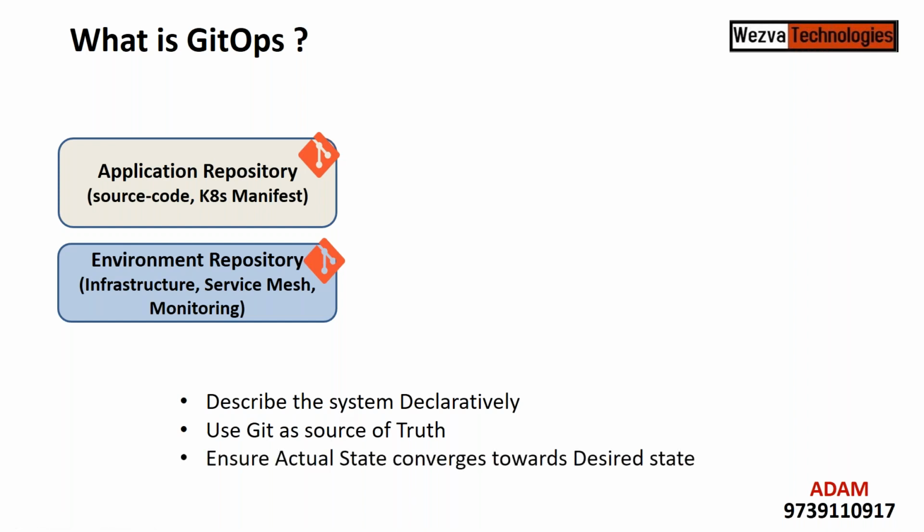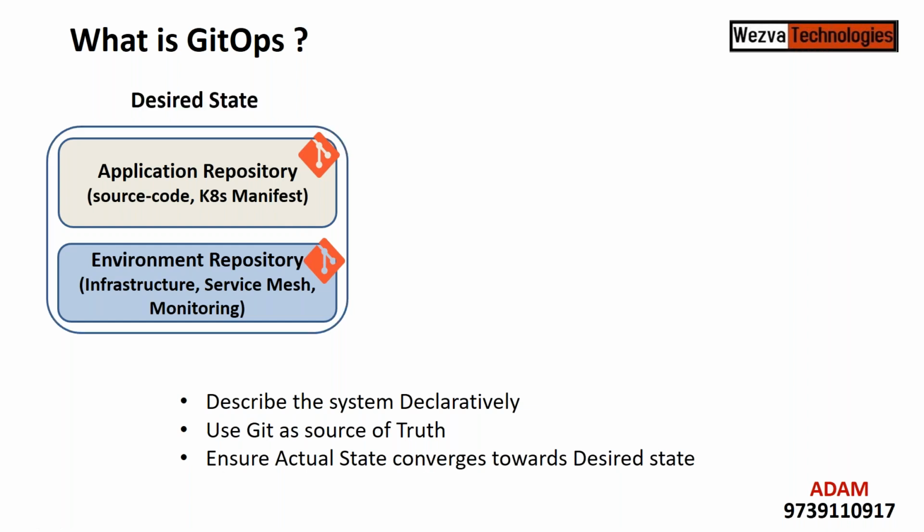Okay, then what happens? You have defined everything that you need, but how are you actually implementing this concept? This is where you define exactly what you need as a desired state in these files.